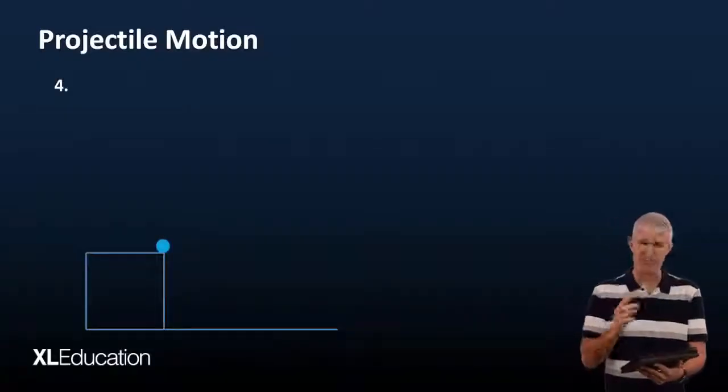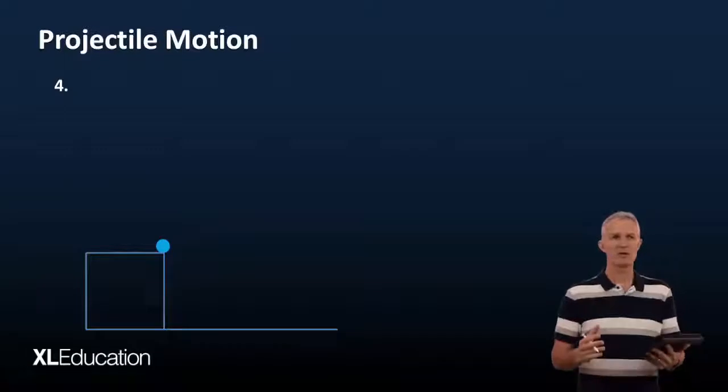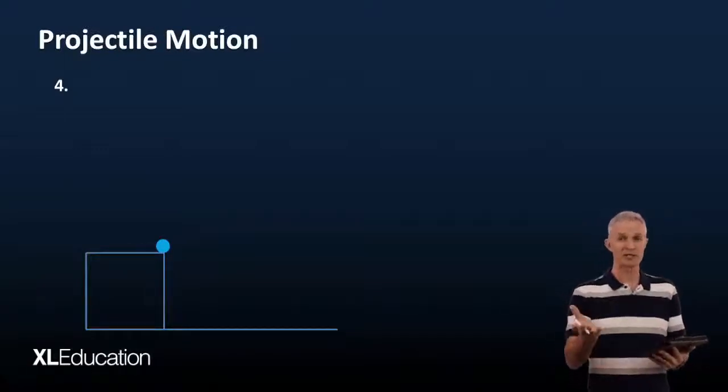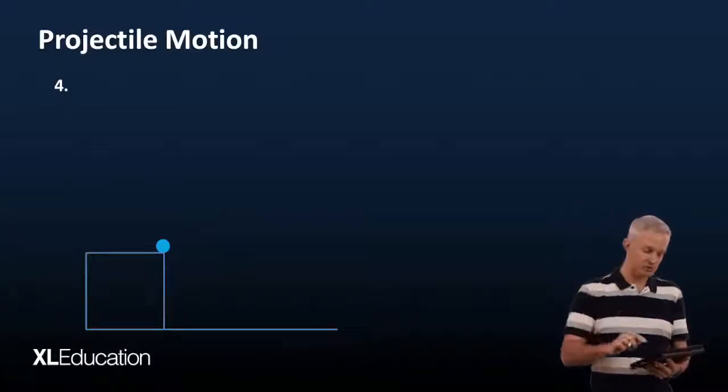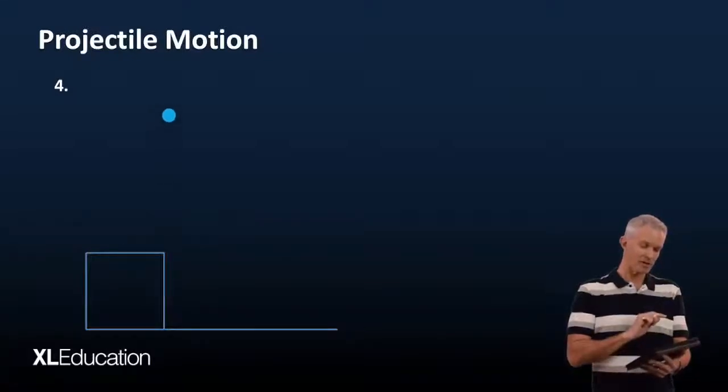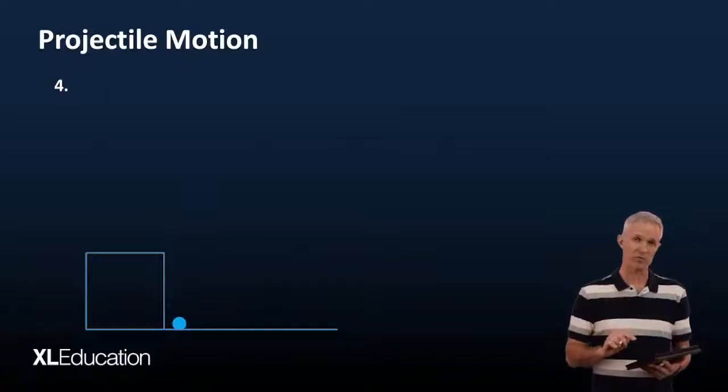The fourth one is even more exciting, but the good news is it's the same principles. This would be the kind of scenario that might be from the top of a building, or from an air balloon that is rising up and something gets dropped. You'll see that the object goes up, reaches a point of turning around, and then comes back down and goes past where it started. Okay?